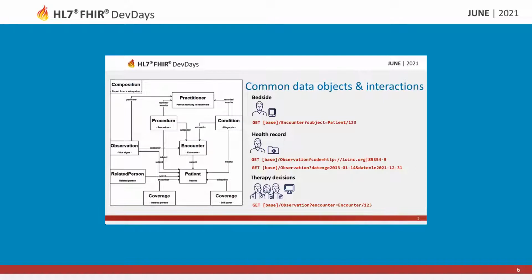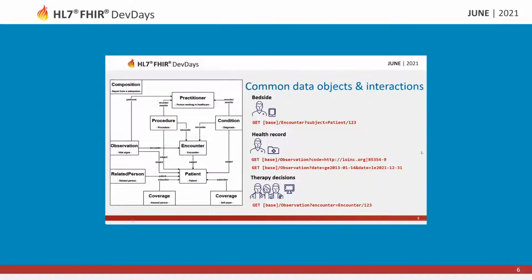And we put them into modules so that a stepwise implementation of the IsiK project is possible for vendors and hospitals. We start with a basic set of data objects, like on the left, and their interactions, and we have modules for vital signs, or later for medication scenarios.